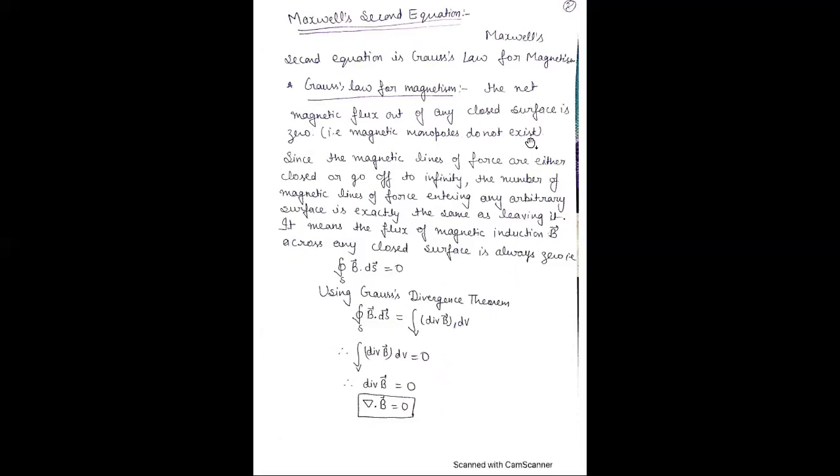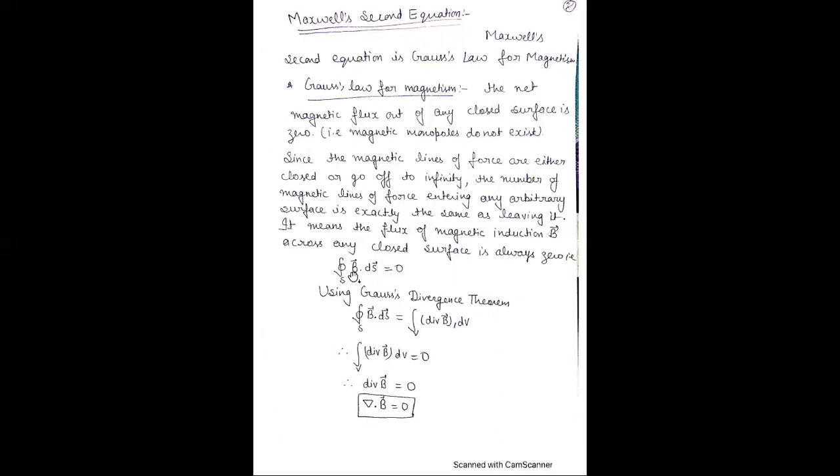Poles always exist as north and south poles in pairs. Since the magnetic lines of force are either closed or go off to infinity, the number of magnetic lines of force entering any arbitrary surface is equal to the number leaving the surface. It means the flux of magnetic induction through any closed surface is always zero.